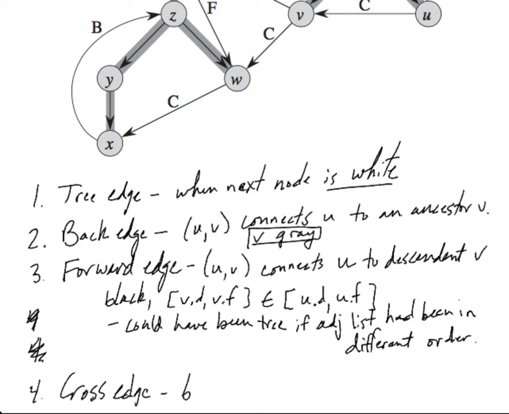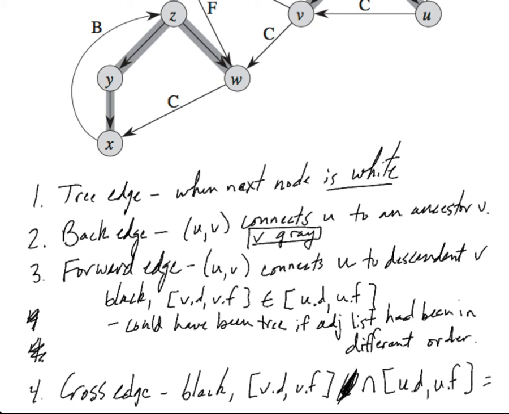And this is when the node is black and the interval V dot D, V dot F is not in U dot D, U dot F, so the intersection is null. In case that went off the edge there.